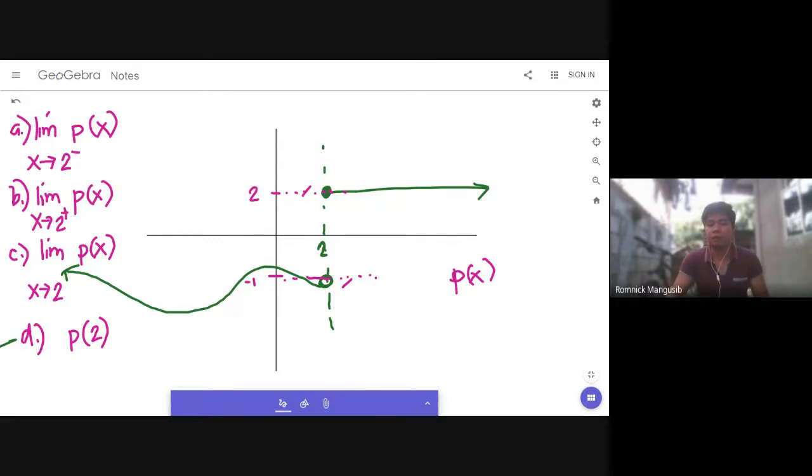Again, you're given 20 seconds to please comment your answers on letter A, B, C, and D given the graph.